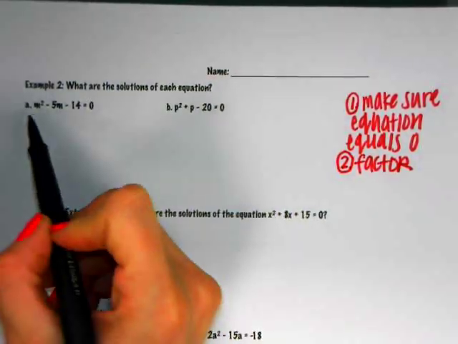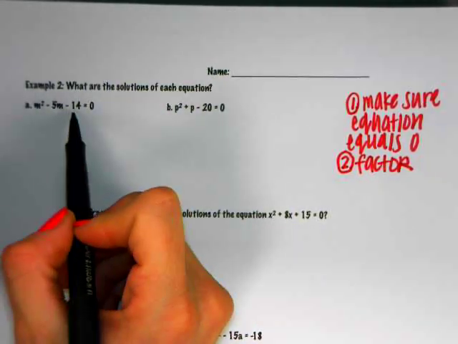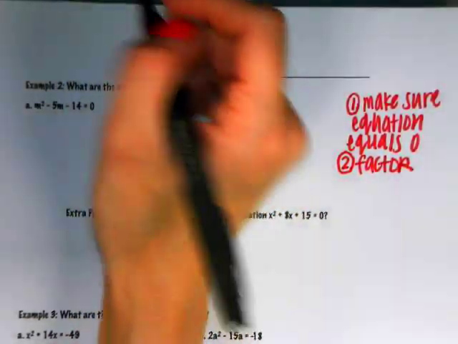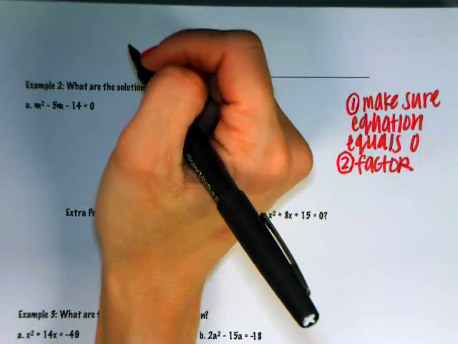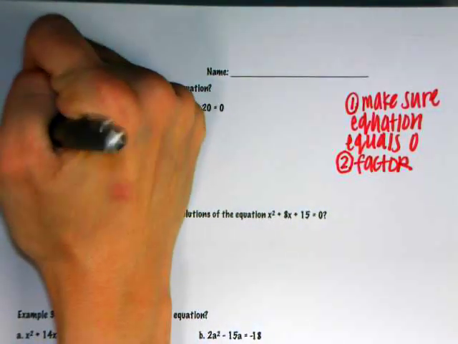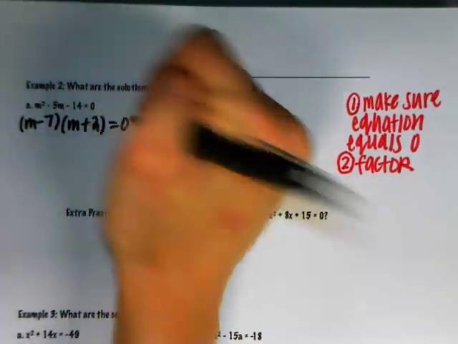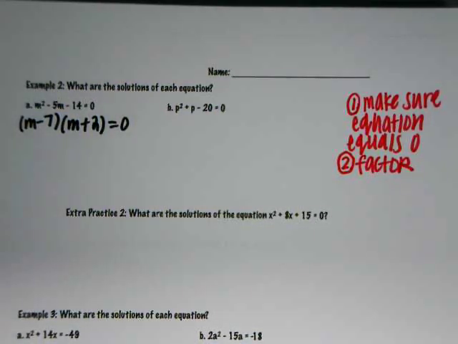So let's go over to the m squared minus 5m minus 14. Is there a GCF? No, and then there's no number in front, so just find the 2 numbers for negative 14 and negative 5. Negative 7 and 2. Yep, negative 7 and 2. m minus 7, m plus 2 equals 0. And then from there, you're going to do what we just did.